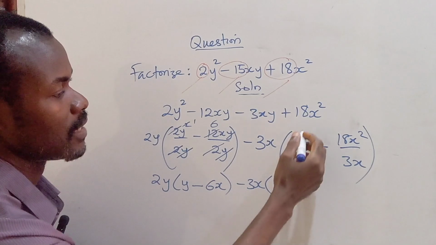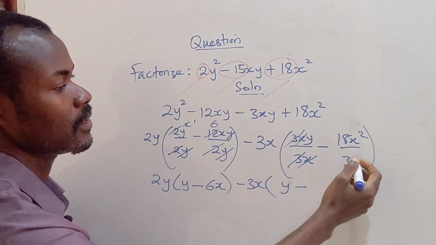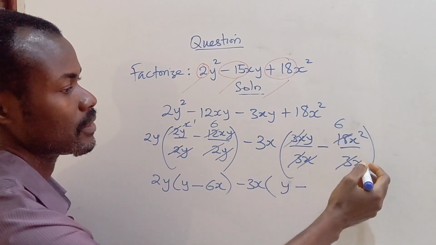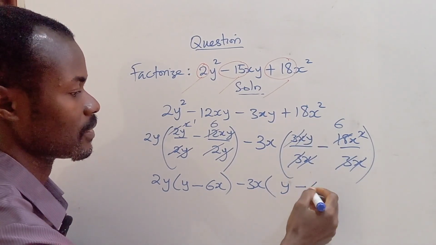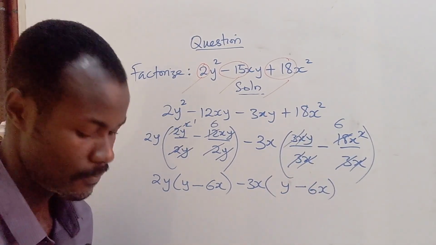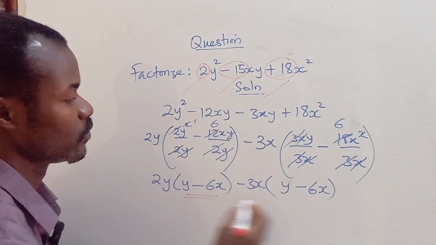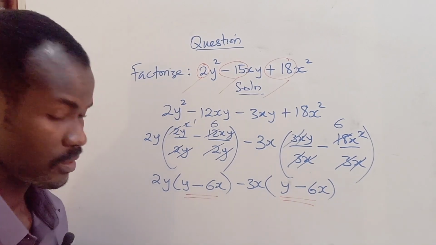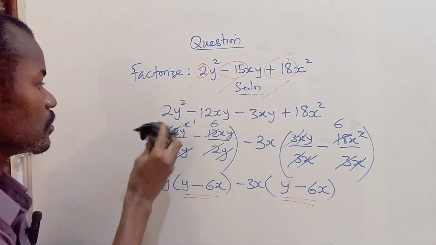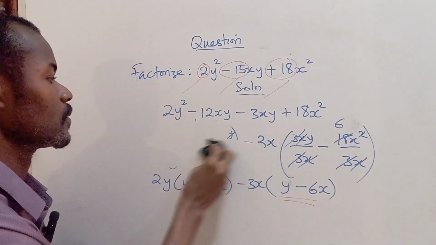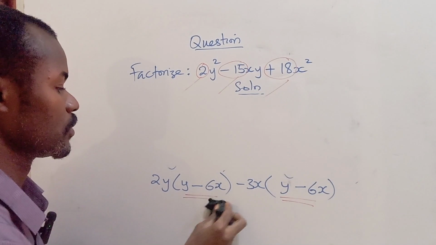How about this? 3 cancels 3, x cancels x, we are left with y, minus 18 over 3 is 6, x cancels one of these, so we have 6x. From this expression we can see that y minus 6x is common. So we're also going to factor this out.